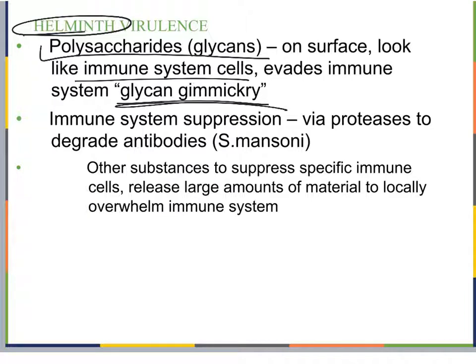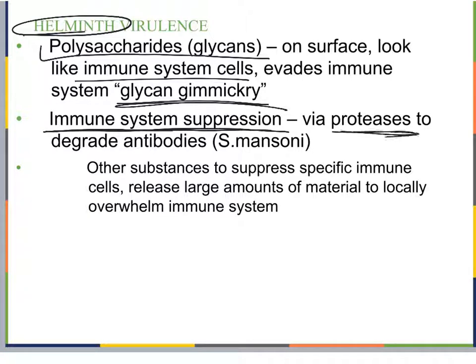This is called glycan gimmickry. They're making it look like the glycans that are on our cells. And so our body, when it comes along, says, oh, no problem here, this is a self cell, because that's how they communicate, by looking at these glycans on the surface.